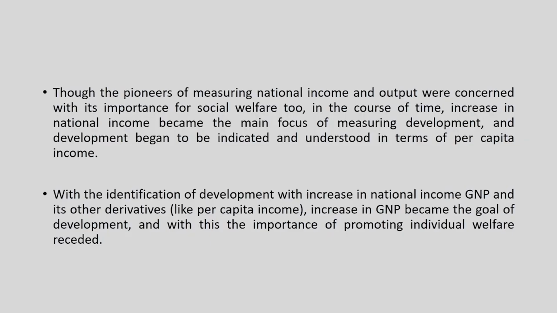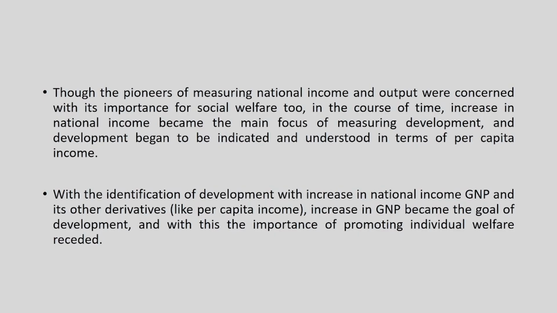Though the pioneers of measuring and calculating national income and output were concerned with its importance for social welfare too, in the course of time, increase in national income became the main focus of measuring development, and development began to be indicated and understood in terms of per capita income.